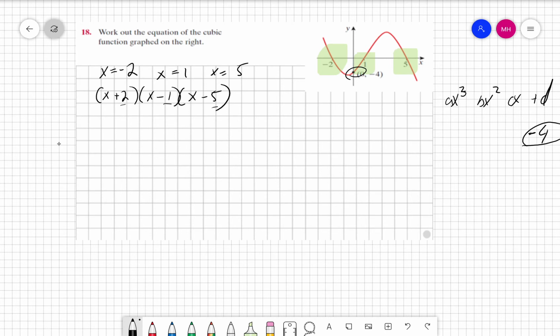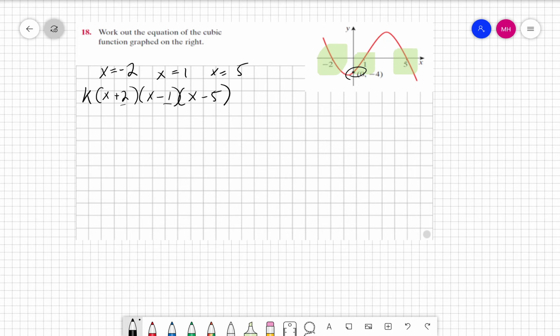So what that tells you is that multiplying this out isn't going to give you your function. There's a k in front of it, something in front of it. Your roots aren't giving your function itself.